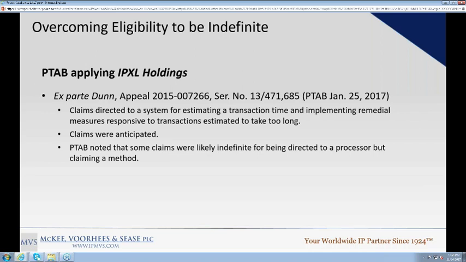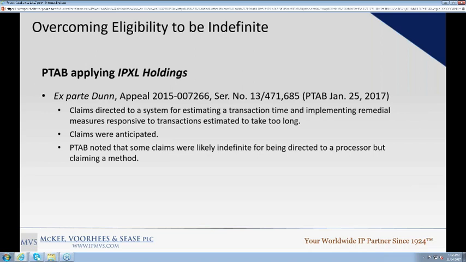And in a system where there's a lot of different transactions occurring, it makes it a very complex system. And so the idea is it can identify and estimate the times based on all these different correlated transactions. And then if any of them is going to go beyond the time that's set for it, then it takes a remedial step. The claims were anticipated in that case, and that was the issue on appeal.